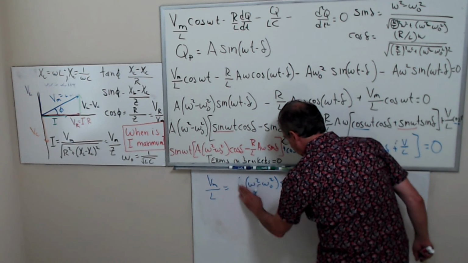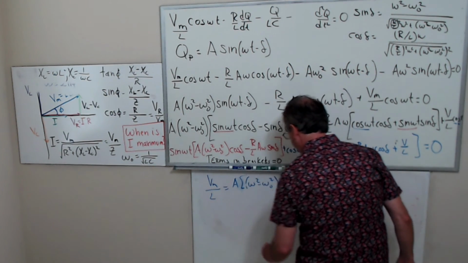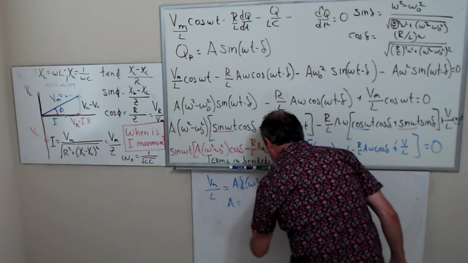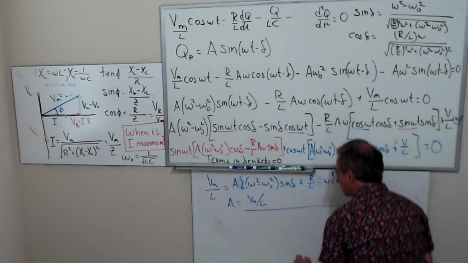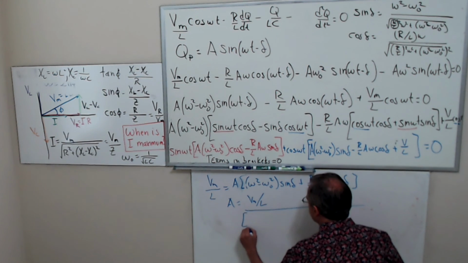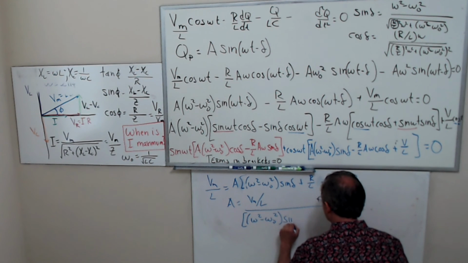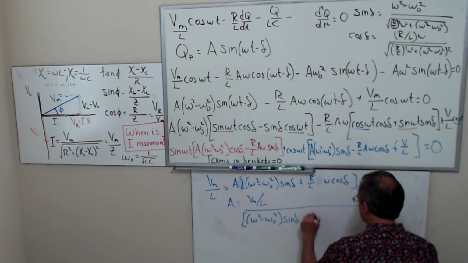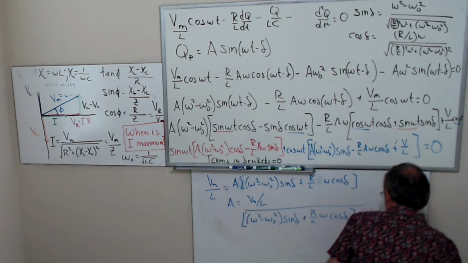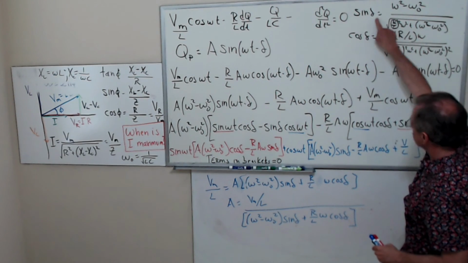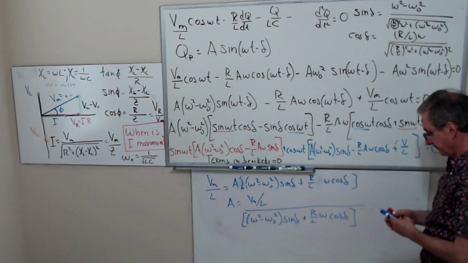And I can factor out the A. So then A ends up being B sub M over L. So then I've got to substitute this over here and this over here.